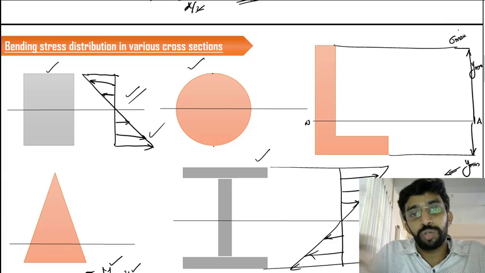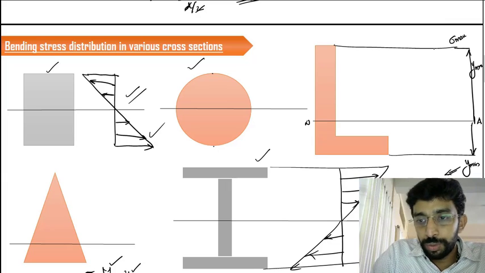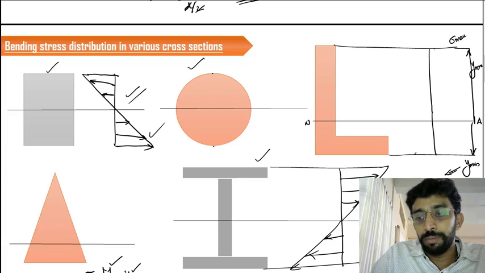Obviously, the top one is going to be the maximum value. And how is the distribution going to look like? It can be something like this. Here you will have a maximum, and here you will have a minimum, and from here, if you stretch it, it is going to give you a distribution like this.